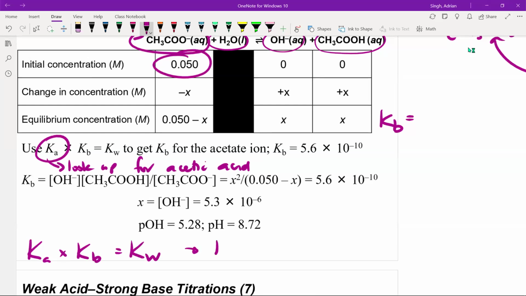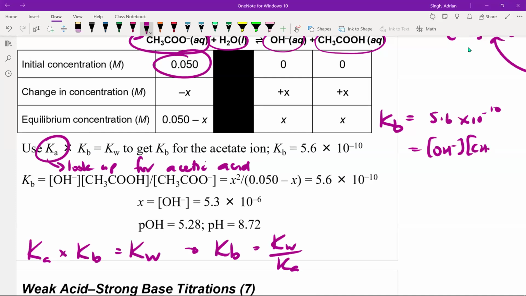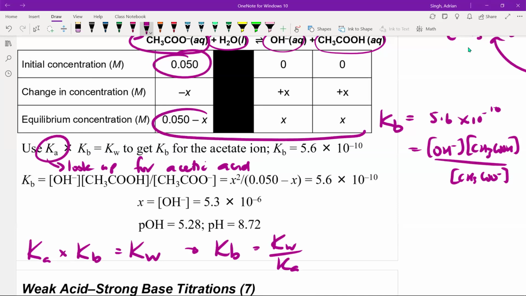So then our Kb would be equal to Kw divided by Ka. And we can determine that ends up being 5.6 times 10 to the negative 10. And that will be equal to the OH minus concentration times the acetic acid concentration divided by the acetate ion concentration at equilibrium. So these are these values here.